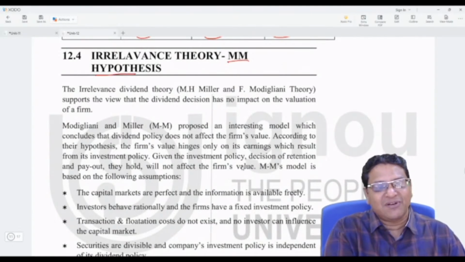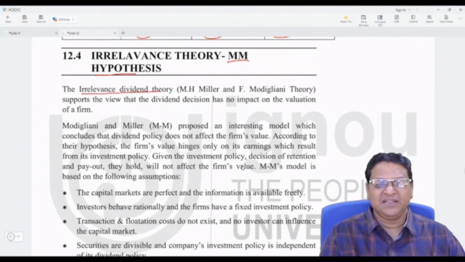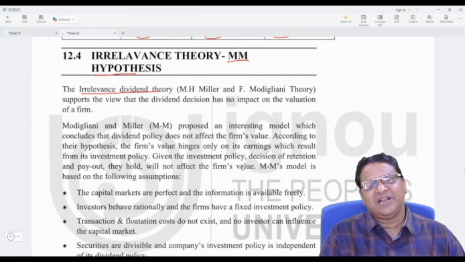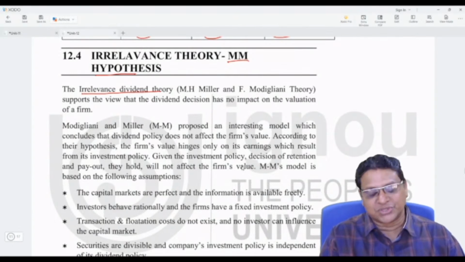MM theory is the irrelevance dividend theory, and they used data on capital market and proved that the dividend policy does not affect the value of the firm if certain assumptions hold good.